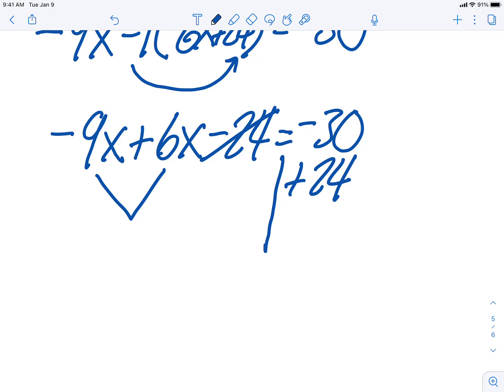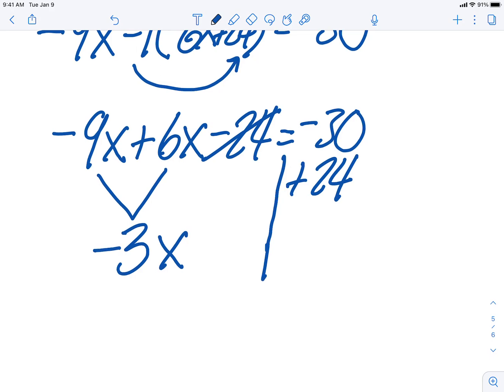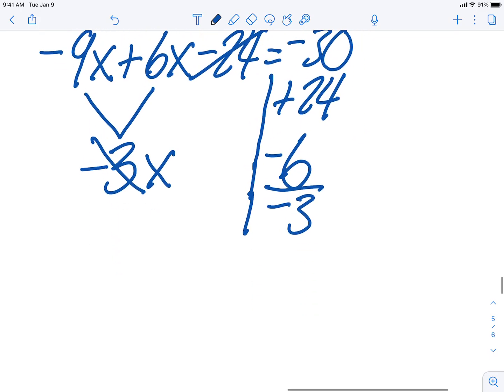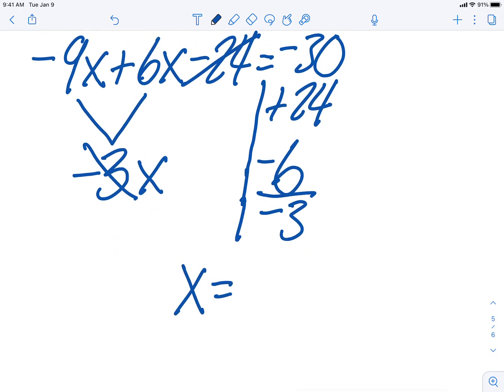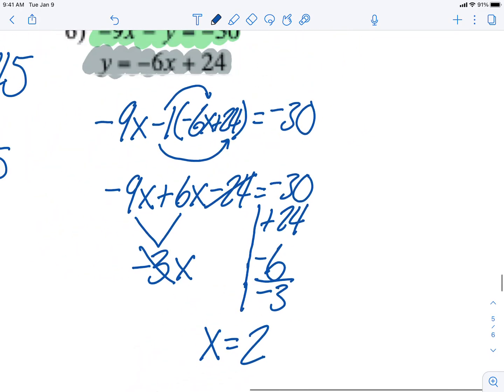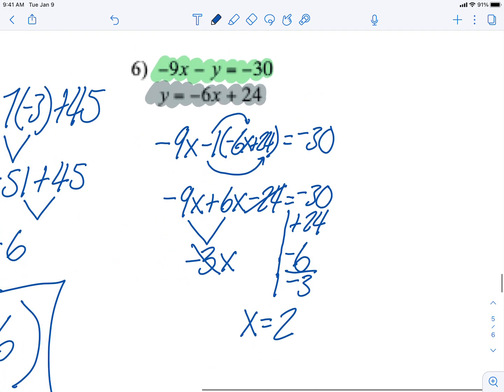Different signs, 9 minus 6 is 3x, and the negative 3x. And on this side, I get 30 minus 24 is 6, a negative 6. The opposite of multiplying by negative 3 is dividing by negative 3. So I get x is equal to 2. Look at that. Now I need to find y.